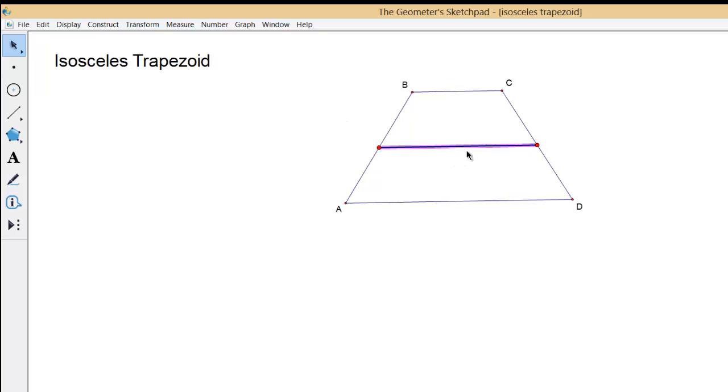The segment that joins those two midpoints is called the median. And the median is the average of the two bases. So the length of my median is equal to 1/2 base 1 plus base 2. And also the median is parallel to the bases.